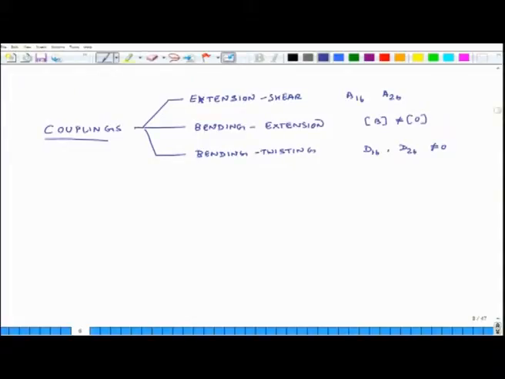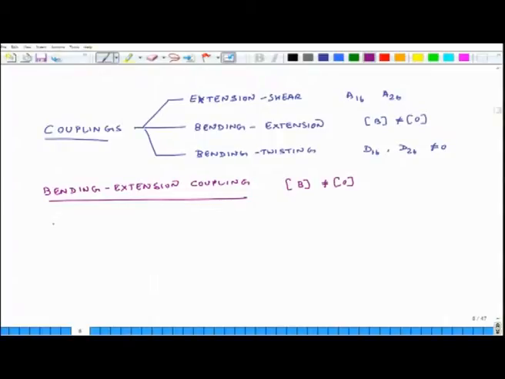So, we will start with the simplest one. We will start with bending extension coupling. We had said that this coupling exists when B is not equal to 0. So, how do we make B to be 0?